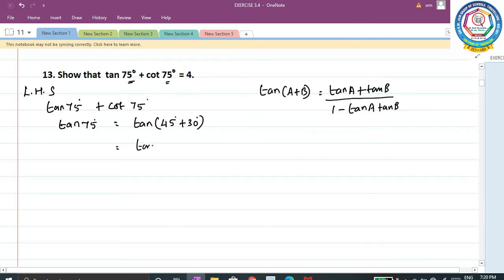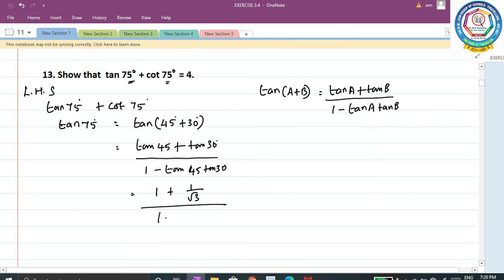So tan 45 plus tan 30 divided by 1 minus tan 45 into tan 30 degree. Tan 45 value is 1, tan 30 value is 1 by root 3, divided by 1 minus tan 45 value 1, into tan 30, which is 1 by root 3.